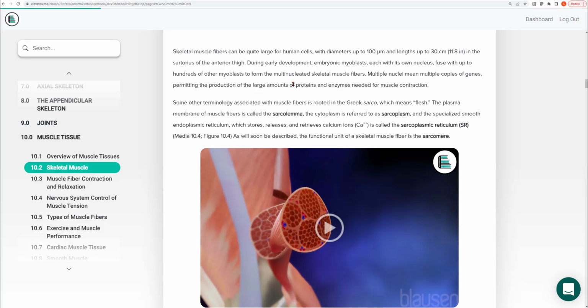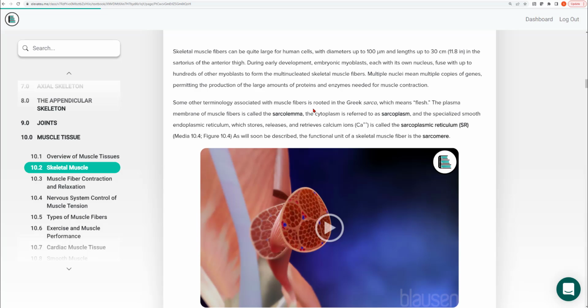But a long muscle has very, very long muscle cells within it. And they have a pretty good diameter, and they can be, like I said, up to a foot long. If you think about the Sartorius, that long strappy muscle in the thigh. I've already mentioned the myoblast story and how the cells are fused together, but the nuclei are maintained.